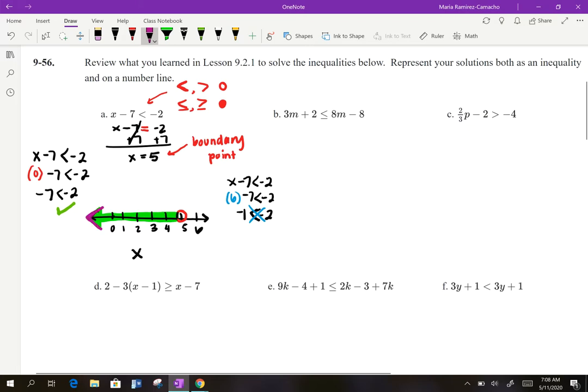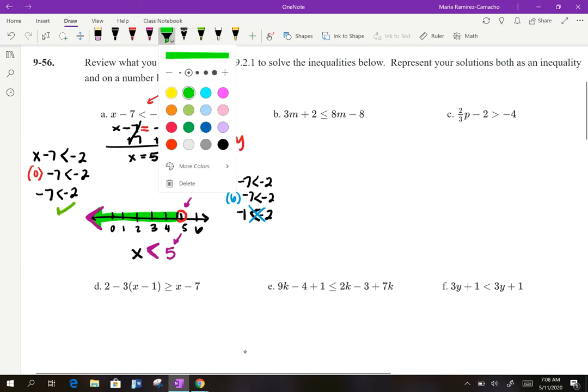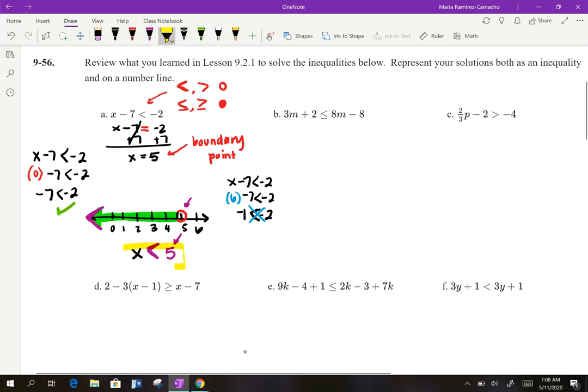And so this part of the arrow is that inequality symbol. And again, since it's an open circle, it's just less than. It's not less than or equal to. What number do we use? We use our boundary point, which was 5. And that is it. Okay, so both the number line and this inequality, that is what we want when we solve these inequalities.